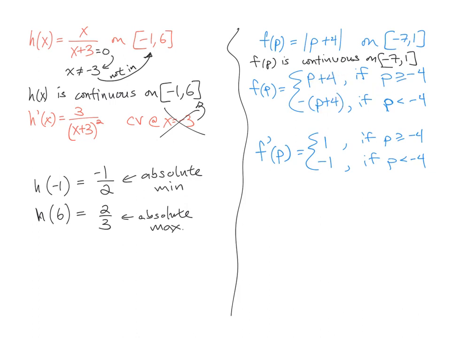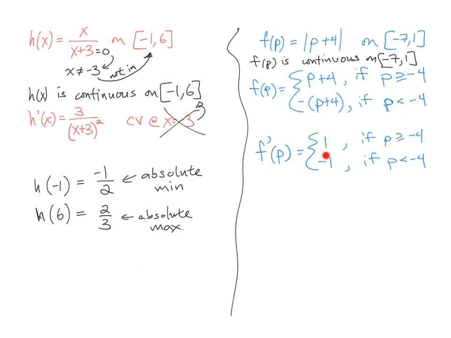So right now then, we can look at each individual piece to see if there are any discontinuities within there. So the derivative for when p is greater than or equal to -4 is 1. Well, there are no critical values for this function. When it is less than -4, we have -1.